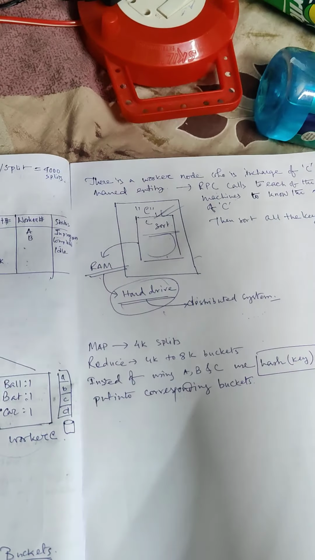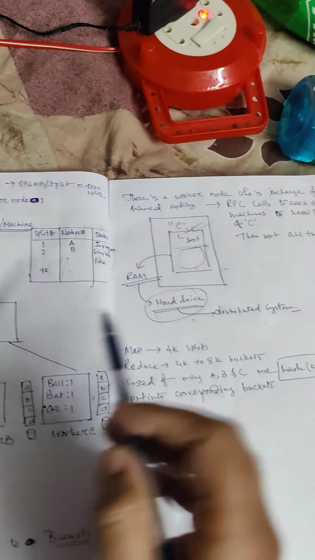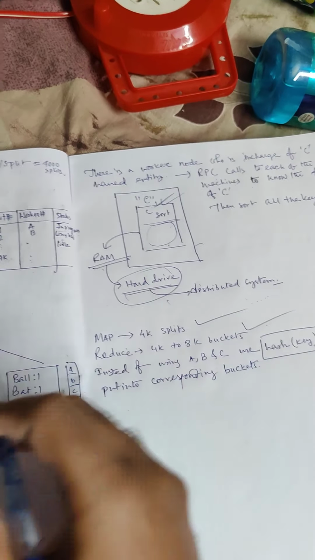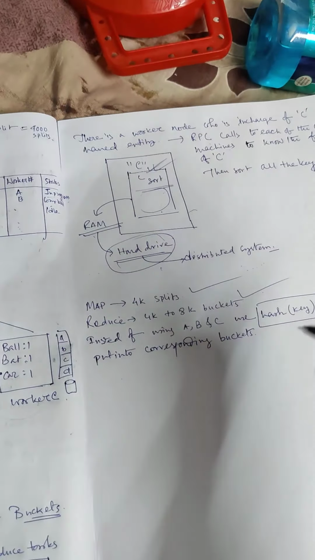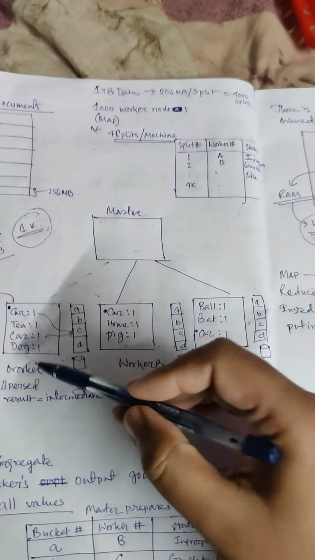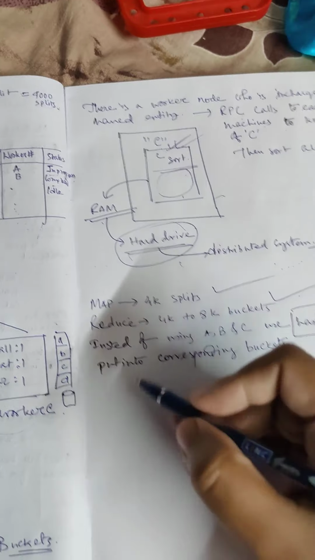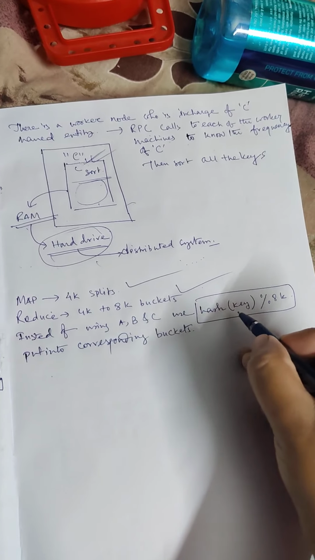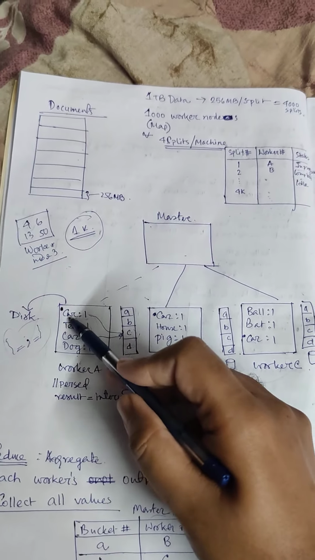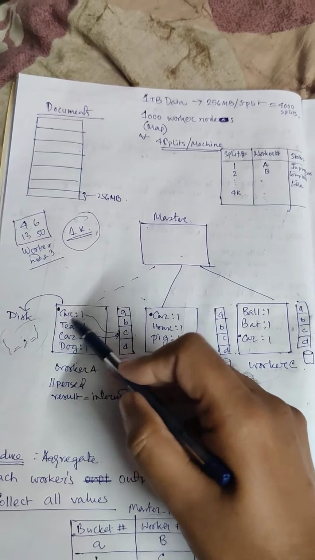Now from the map perspective, we have created 4K splits. In reduce we normally create 8K buckets, and these buckets are termed A, B, C, D only for our simplicity. Actually, what we do is take a hash of the key that comes in the map step. The hash of car and car will remain the same.